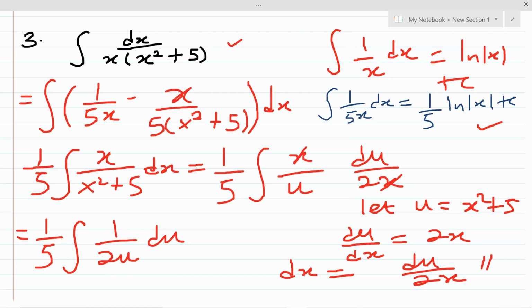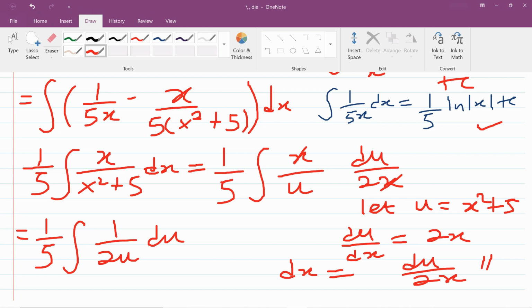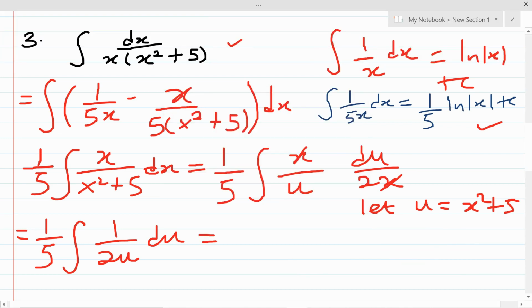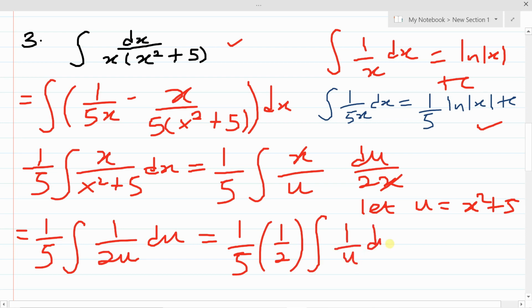So now everything is transformed to u, but this doesn't look so nice, so we can do something to the integral again. This can give us 1 over 5, then we can factor 1 over 2 out from the integral sign, the integral of 1 over u du. Okay, so this will give us 1 over 10, integral of 1 over u du.